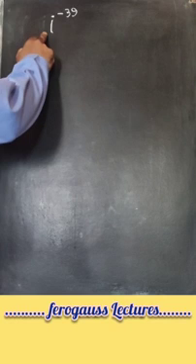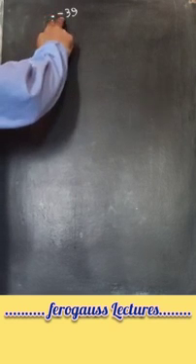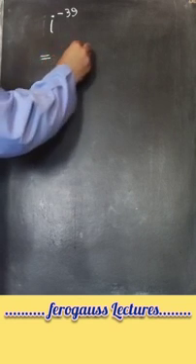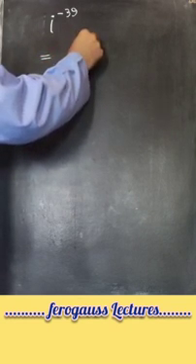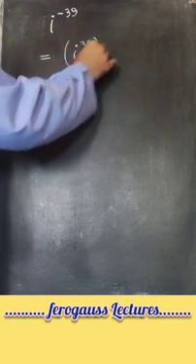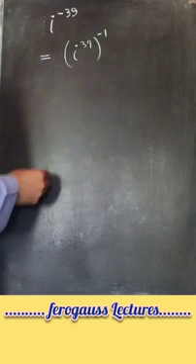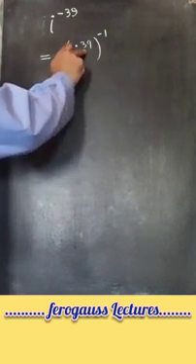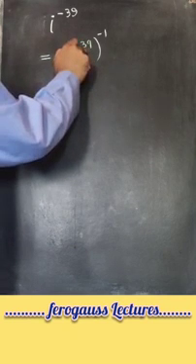Here we have the complex number iota raised power minus 39, and we can write it as iota raised power 39 whole raised power minus 1, which is equal to, if we divide 39 by 4, we get 3 as remainder.